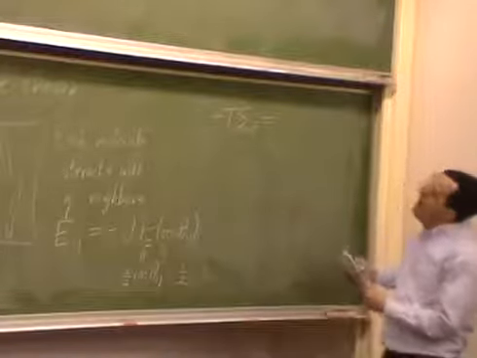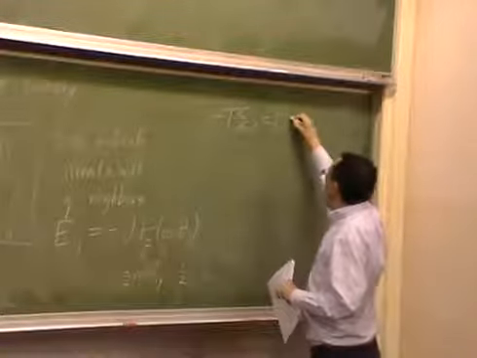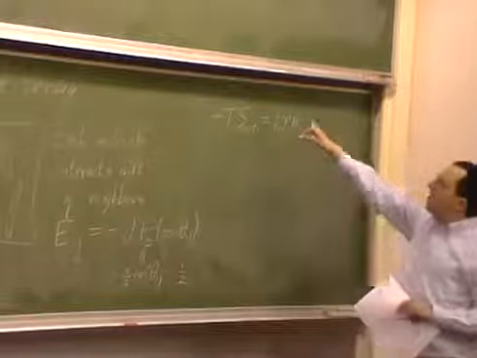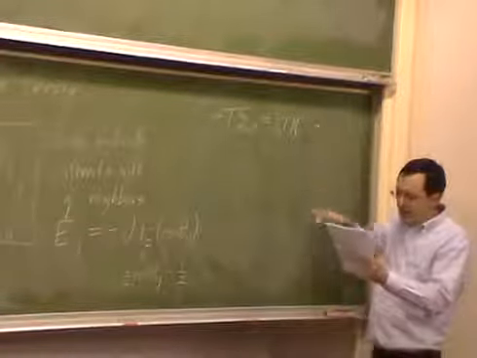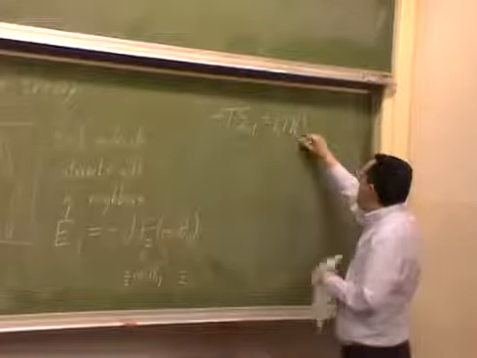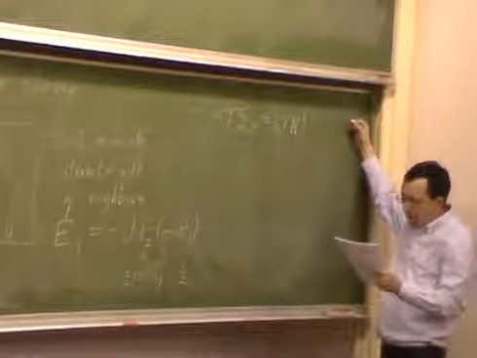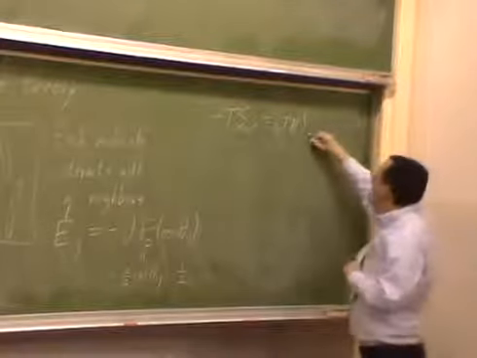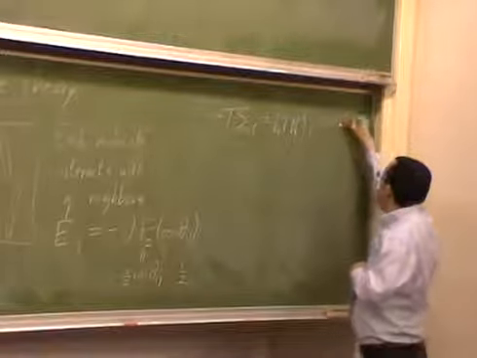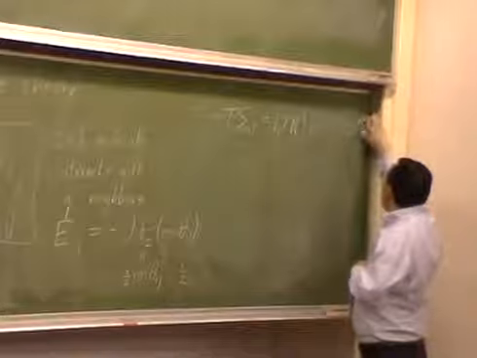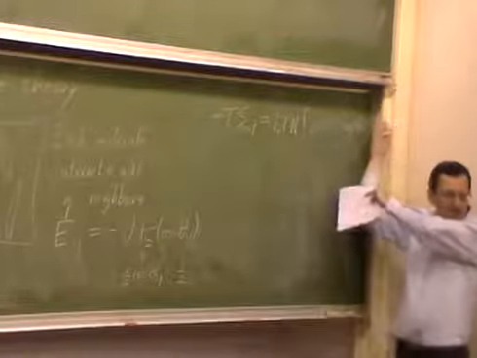And so minus T times entropy is going to be kT times N, and then an integral over all the solid angle of rho of theta and phi times the log of rho of theta and phi.